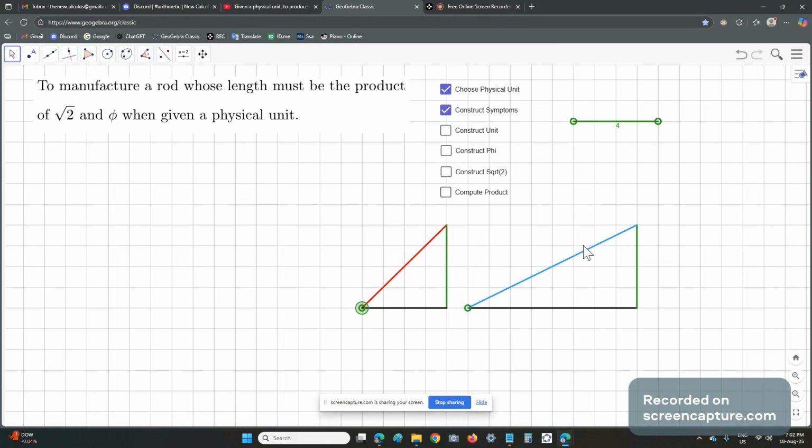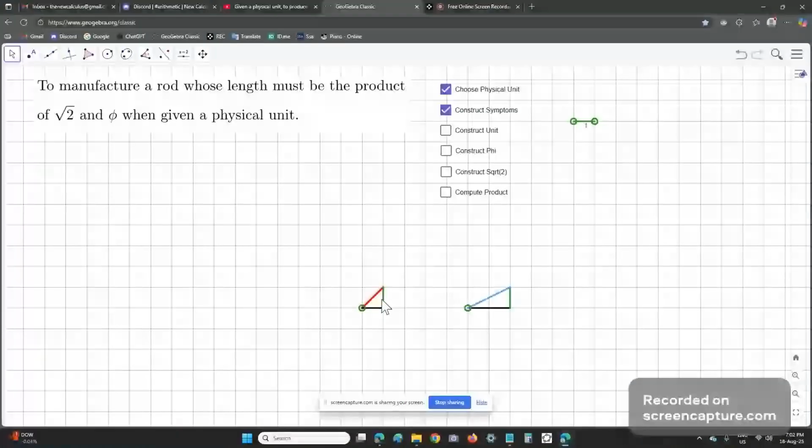To get phi from here, you take the length of this line, add your unit, and divide it by the length of this line. So if the unit is 1, it's this length plus this length divided by this length. And square root 2 is just this length divided by either of the sides.